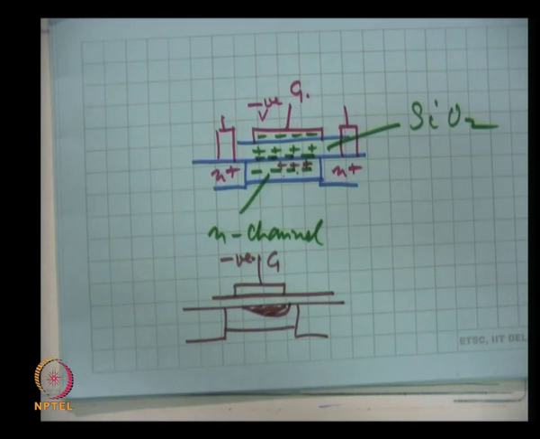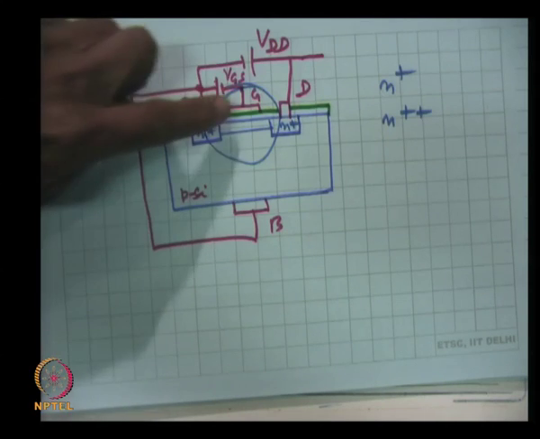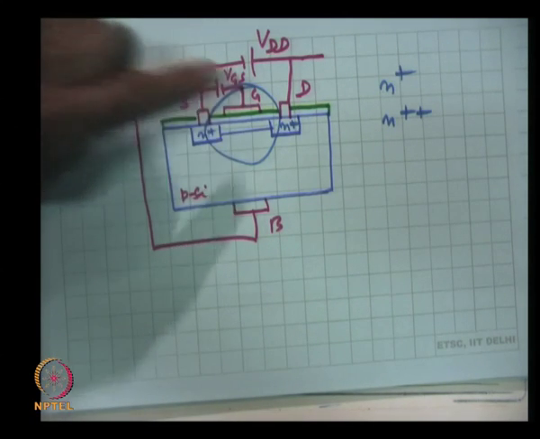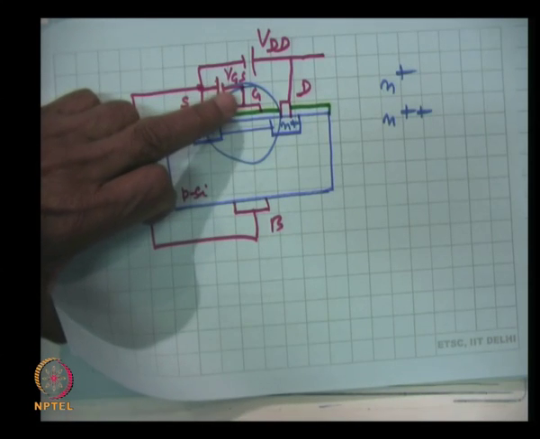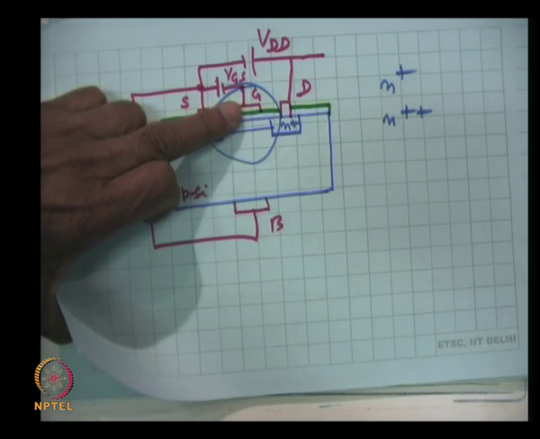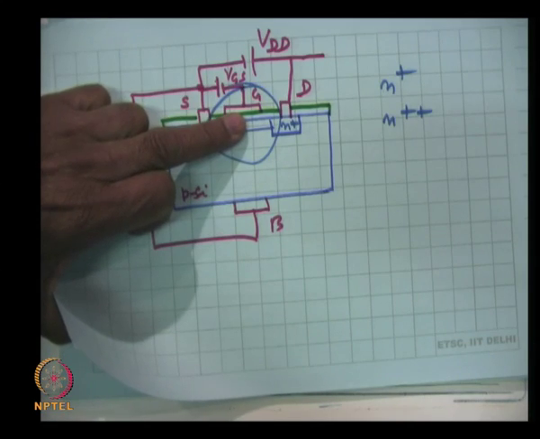I think I have made amply clear what will happen. Look here, this is the geometry we are talking about. The gate I am taking negative with respect to source, and this negative field at the gate through the dielectric will induce some positive charges in the channel region.